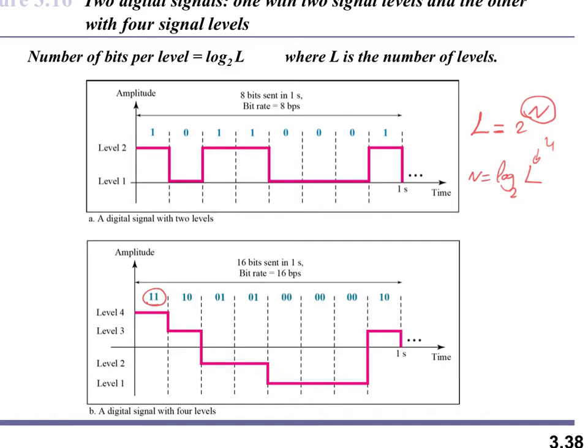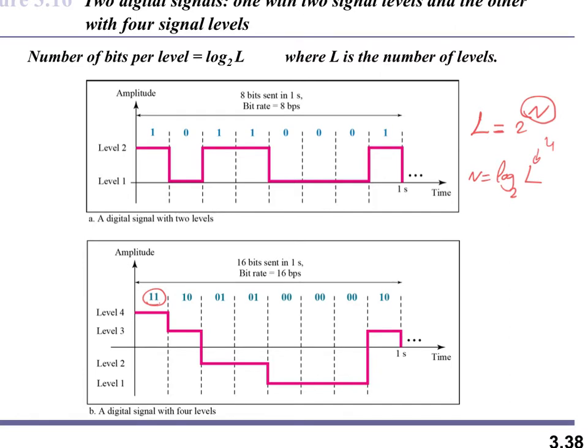So if we have 4 combinations or 4 voltage levels, this will allow us to represent 2 bits for each voltage level. So this will in fact be good news, because then we can represent 16 bits in 1 second in the exact same duration of this signal here.